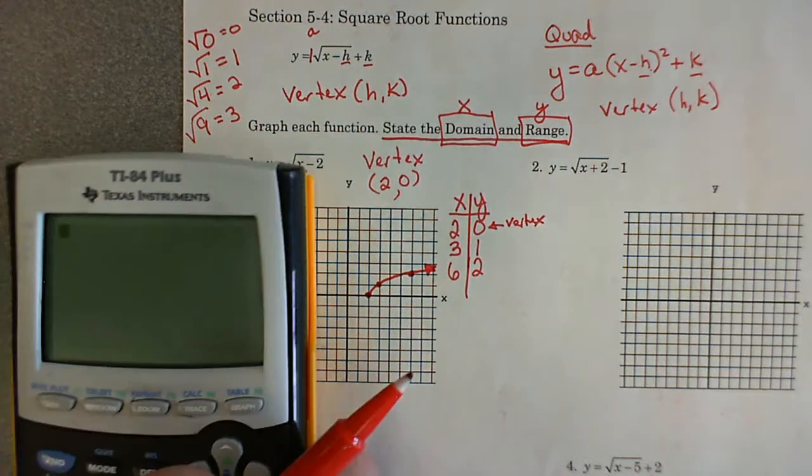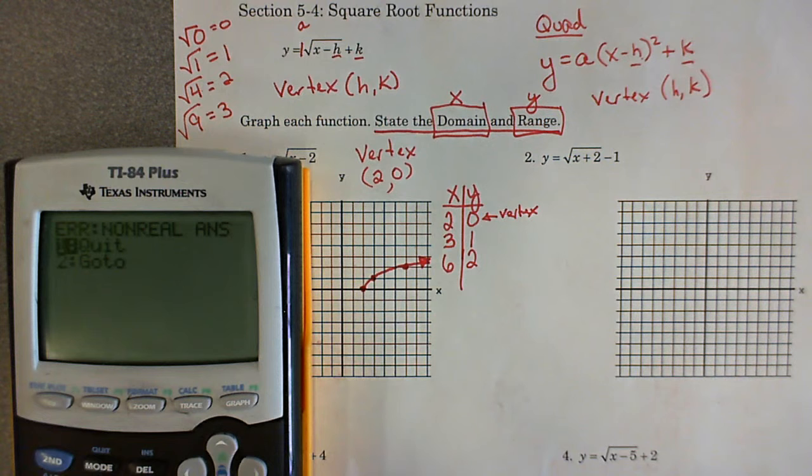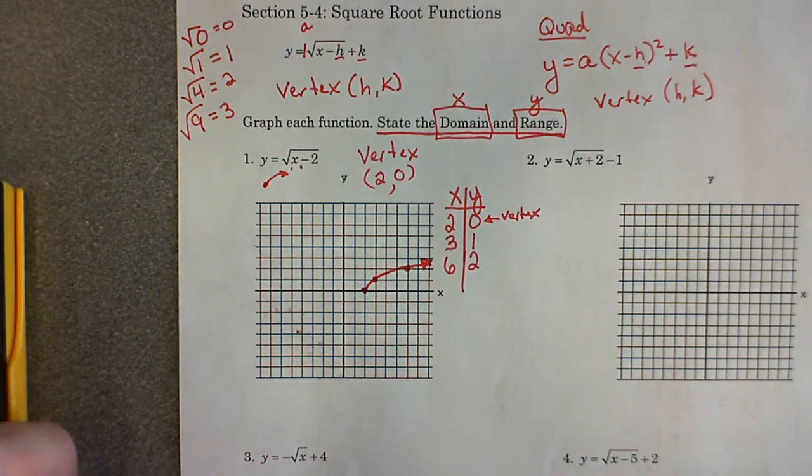Well, what happens with the square root of negative 1? Let's look. Second function, square root of negative 1, what do we get? We get an error. It says non-real answer. Okay? So the square root of negative 1 is a non-real answer.